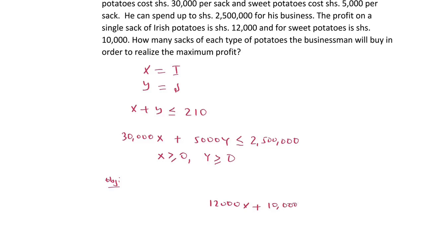Then our objective is to find the possible values of x and y that will give a maximum value of the sum. Then our function is going to be f of x, y max equals 12,000 x plus 10,000 y.